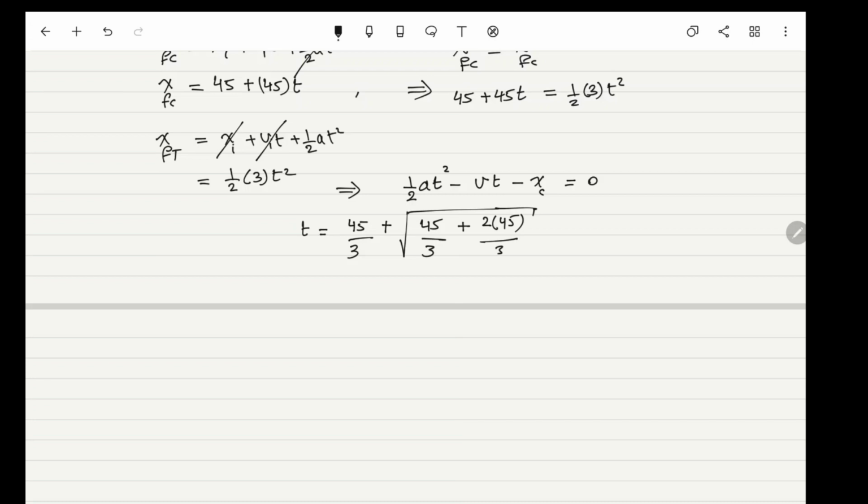You just simplify this equation, and t equals 31 seconds. Remember, time is always positive, time will never be negative, so the negative root is neglected.